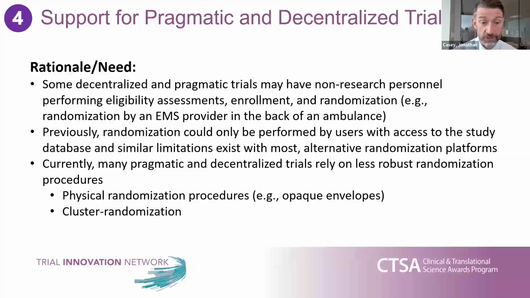And it's not the topic of this talk, but each of those has weaknesses that may be less desirable than a patient-level randomization with blinded allocation, where any clinician could perform randomization.